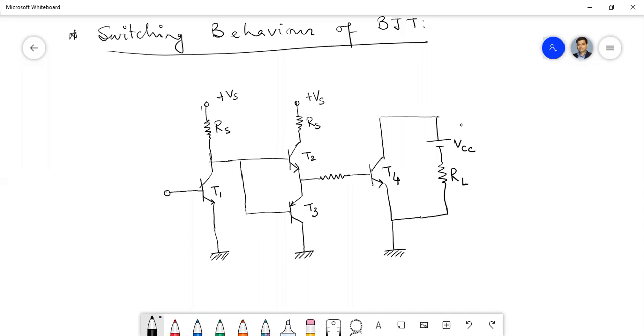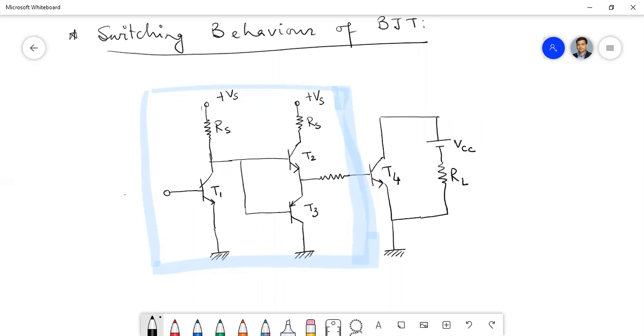So this is the circuit which is required to drive the transistor in switch on condition. Okay, now how does it operate?